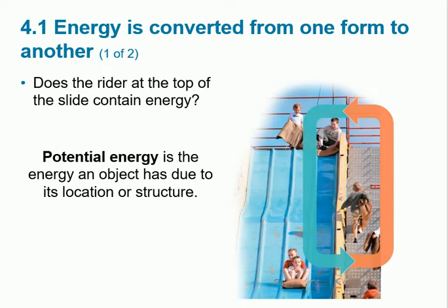Potential energy, this is the energy that is stored, okay? Whether you are on the top of a slide, or if it is food, or anything else, it's stored energy. In this case, potential energy is coming from location, right? Because you are on top here, so this is your potential energy. It can be also coming from structure, like what you have.